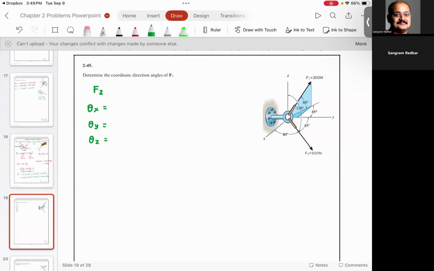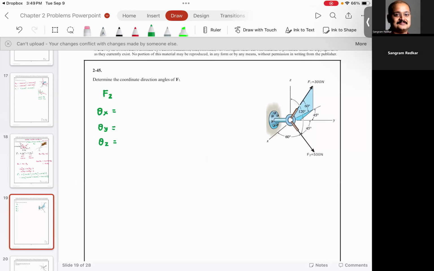So theta x for F2 is 60 degrees. Theta y for F2 is 45 degrees. And theta z for F2 is 120 degrees.